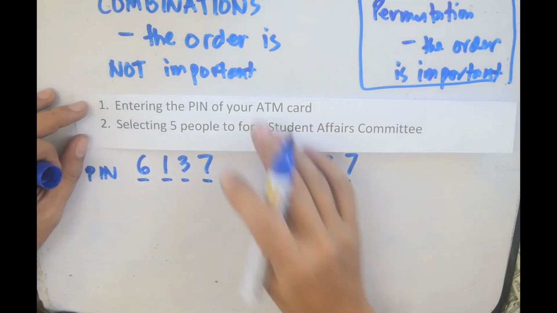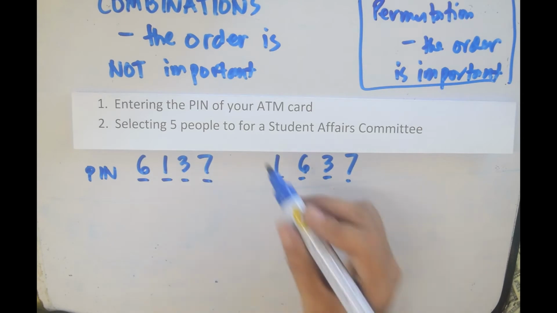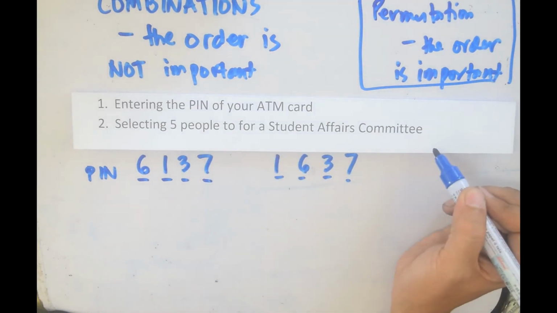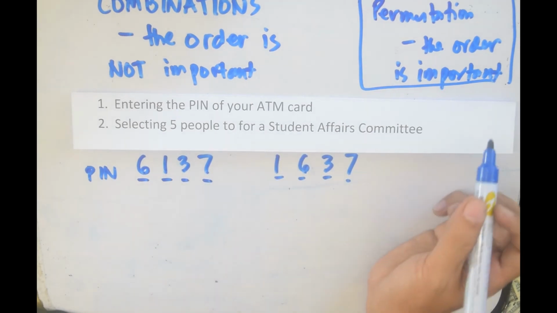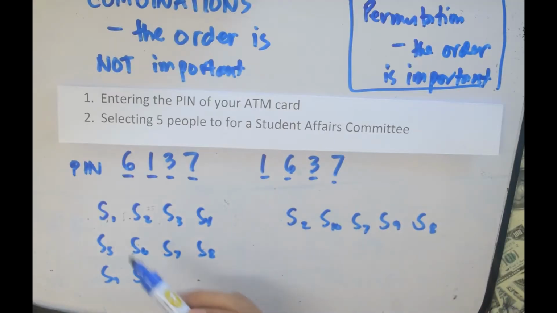However, in number 2, we have selecting 5 people to form a student affairs committee. For example, we have student 1, student 2, student 3, up to student 10.